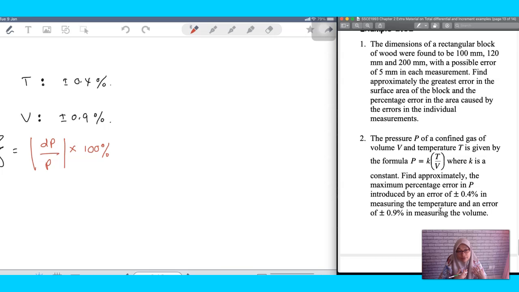In order to simplify our work, we can eliminate the plus minus sign by putting the absolute sign, so you have absolute value of 0.4%.